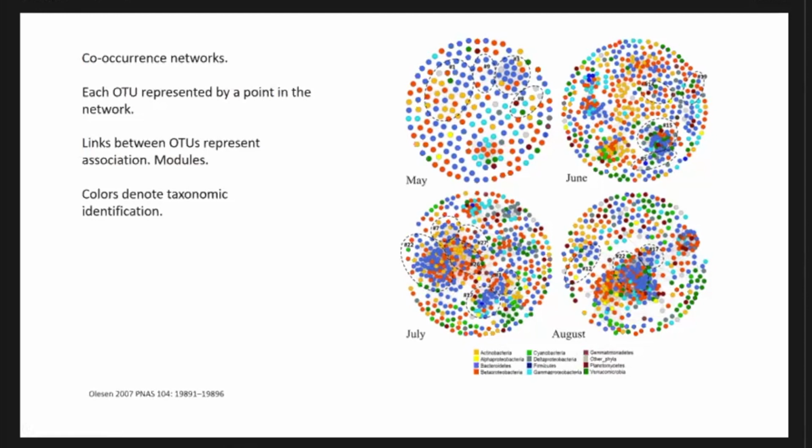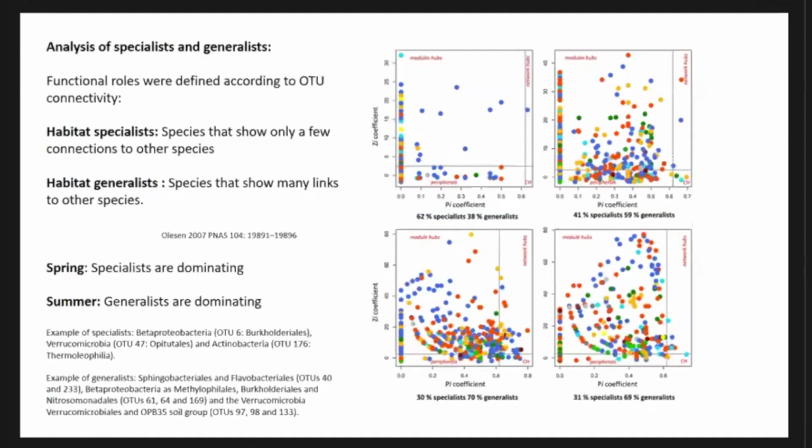This is from statistical modeling, from a method presented by Olesen et al. in 2007. With this model it's possible to identify habitat specialists and habitat generalists. The specialists are thought to have only few connections to each other, while the generalists have many links to each other, and they are in modules.